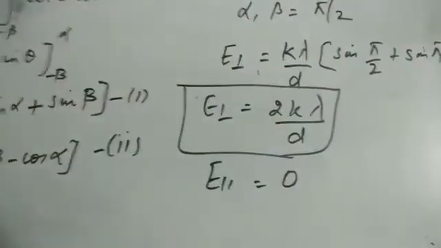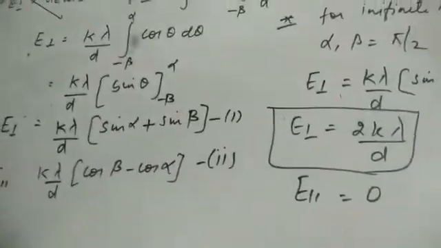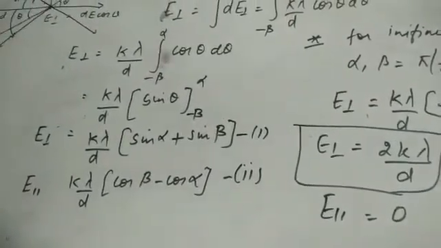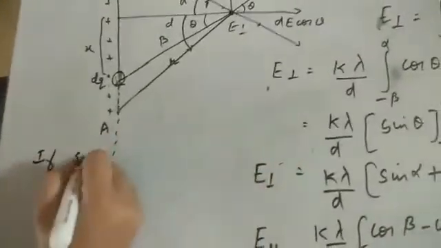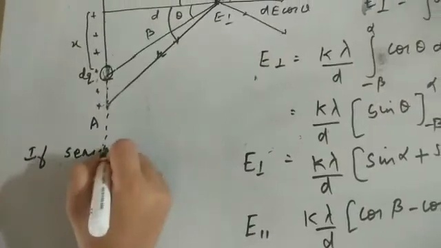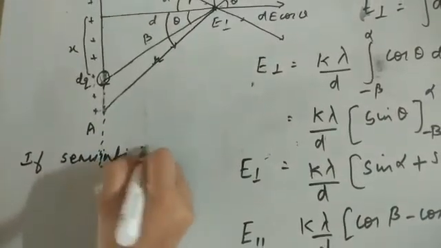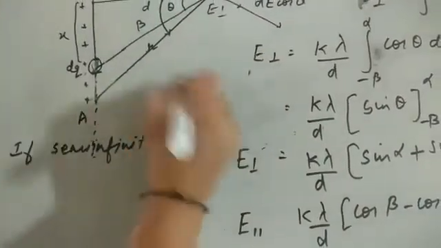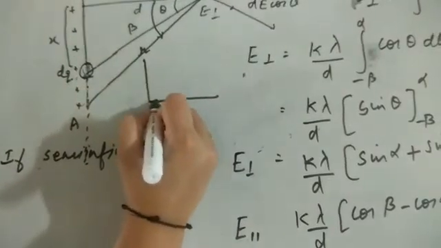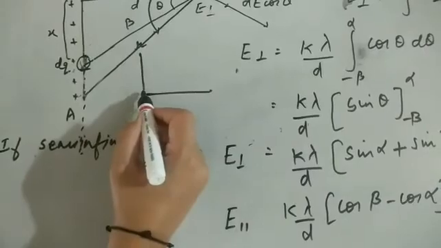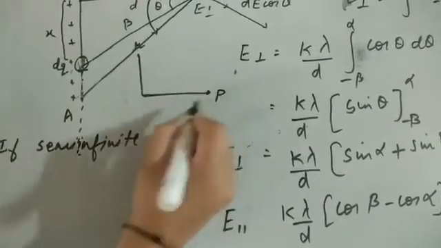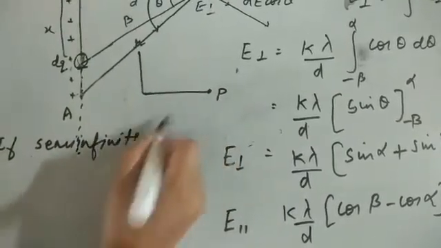This is one case. Another is if it is not infinite, but semi-infinite. For the semi-infinite case, this is the part of the line, and this is the point P. So here we do not have any downward component, beta.